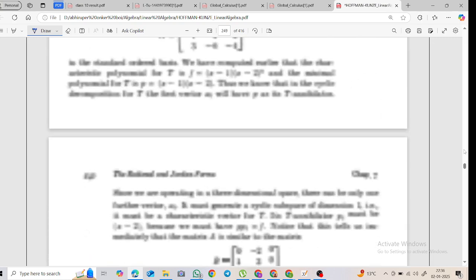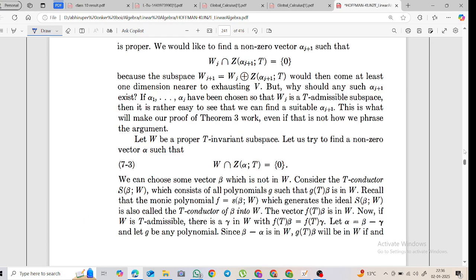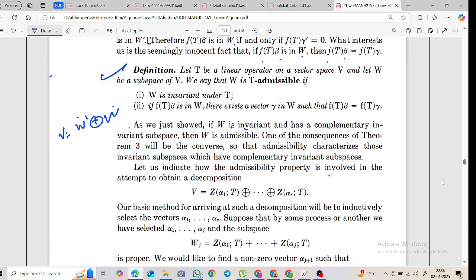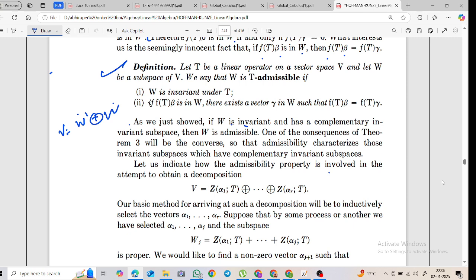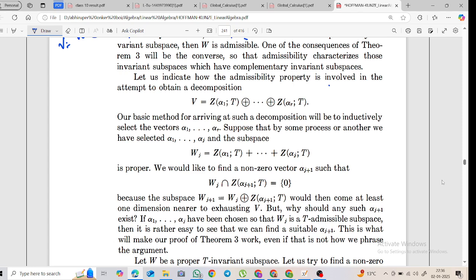Okay, so first let's see what they are actually doing. Okay, why are we suddenly interested in those admissible subspaces? So they are saying that we will inductively select such vectors.